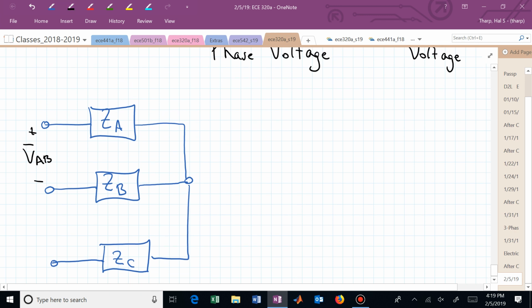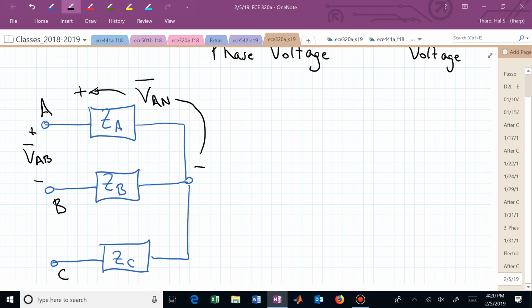And what we might have, though, is V sub AN, and that's from here up to there. Here's A, B, and C. If we're working with a balanced system, if you give me V sub AN, you know V sub BN, because it's in a positive phase or a negative phase sequence. So we can now compute V sub BN from V sub AN, or we know that relationship.